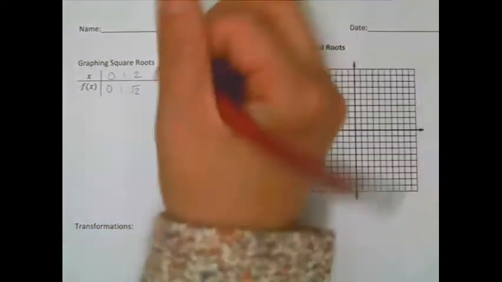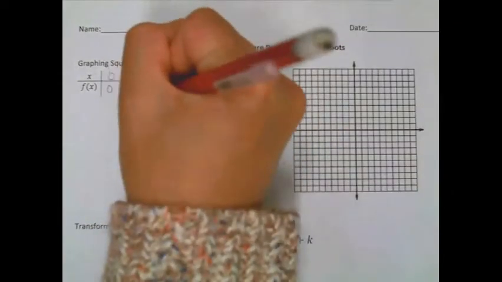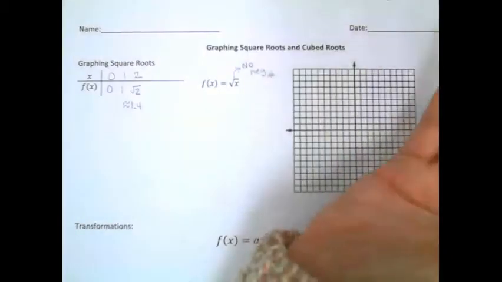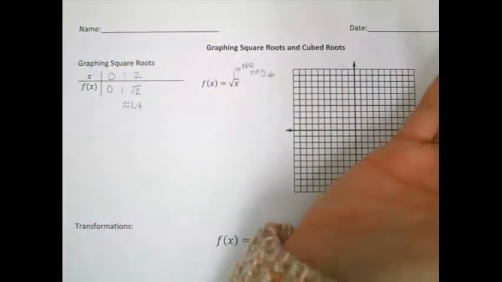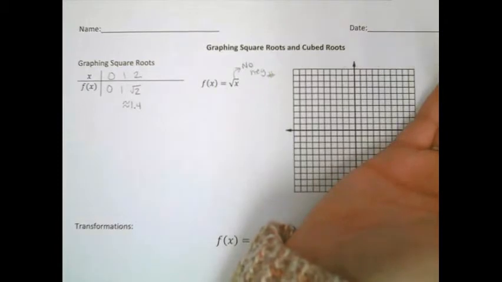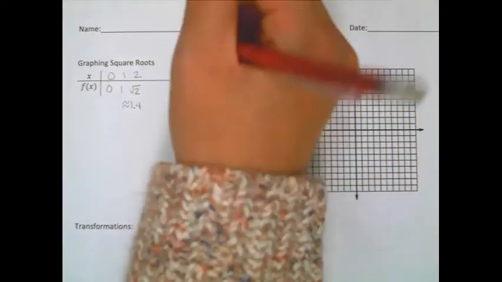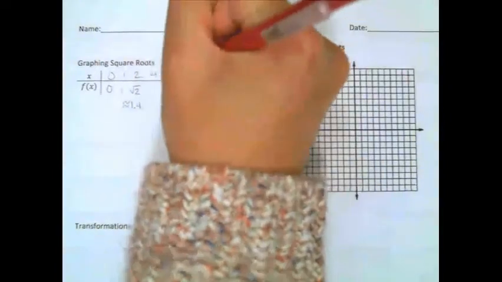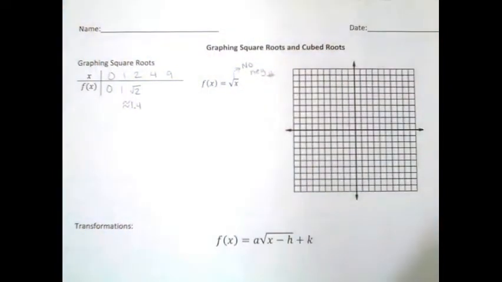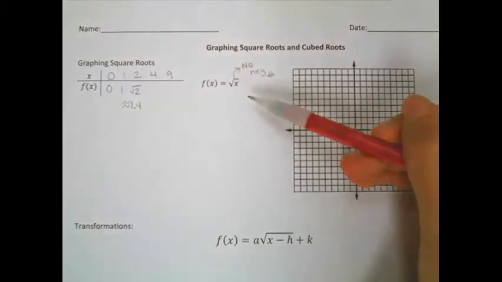If you type it into your calculator, you're going to get approximately 1.4, which isn't super clean, and it's not going to be nice to do our transformations with. So instead of choosing the number 3, I'm going to go to 4 and 9 because those are perfect square numbers. When I substitute them in, I'm going to get whole numbers out.